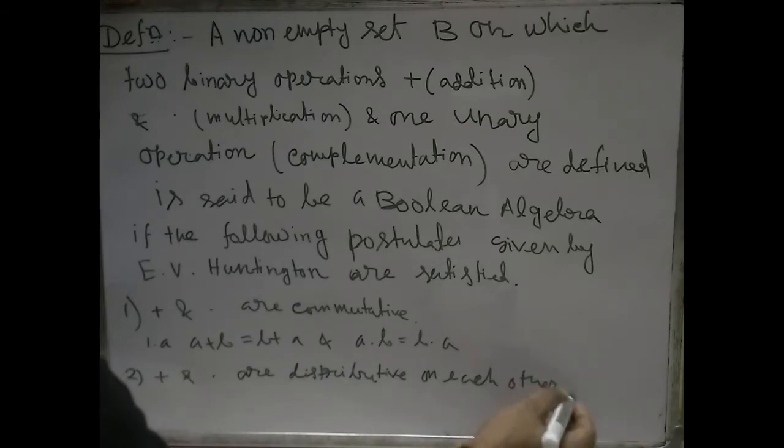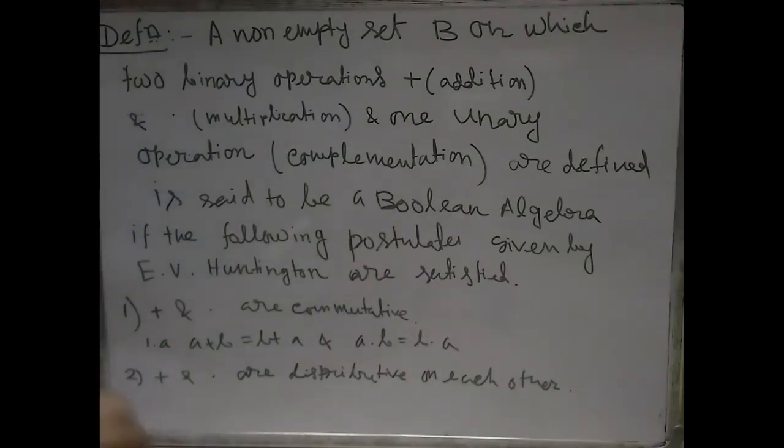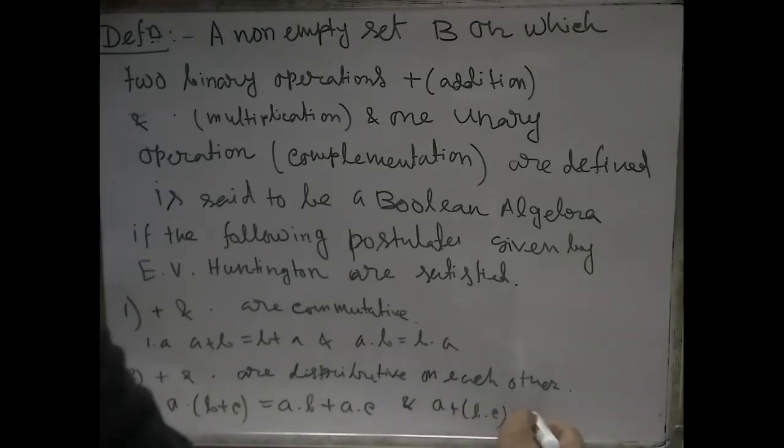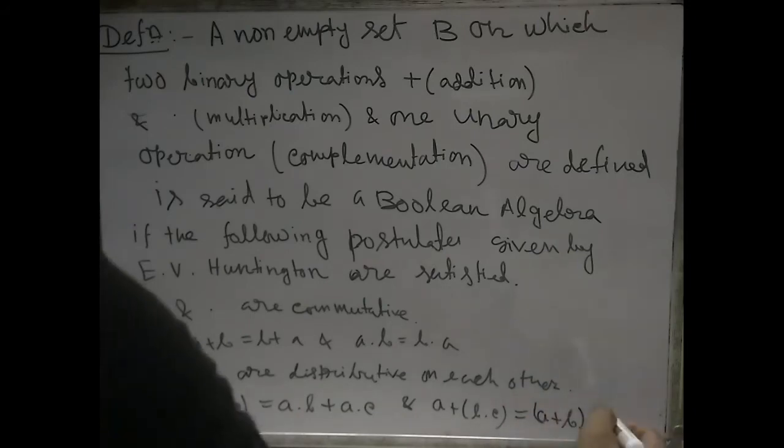That means a dot (b plus c) is equal to (a dot b) plus (a dot c), and a plus (b dot c) is equal to (a plus b) dot (a plus c). Okay.